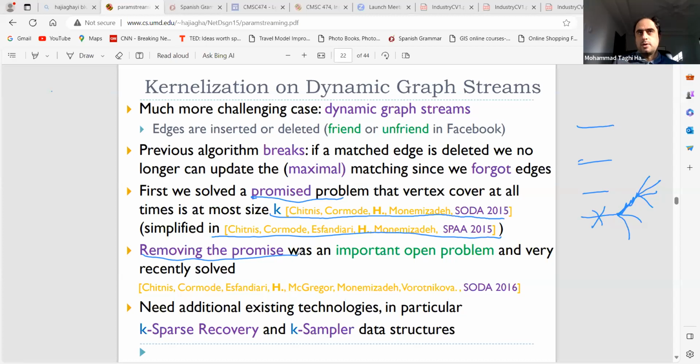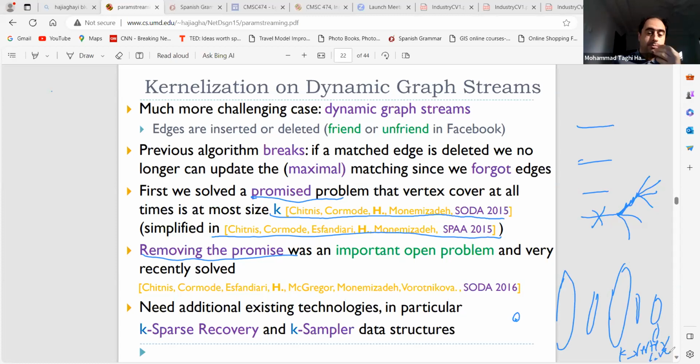It was a non-trivial problem, as I mentioned previous time, because here you are starting maybe with an empty graph. At some point you have a complete graph, then you delete edges, then you have an almost complete graph, and so on. At the end of the day, you have a graph that has a vertex cover of size k, but not in the middle. In the middle, the size of the vertex cover can be as large as n.